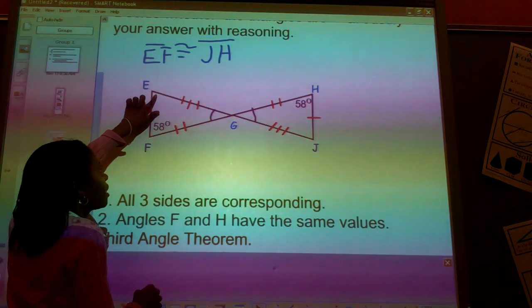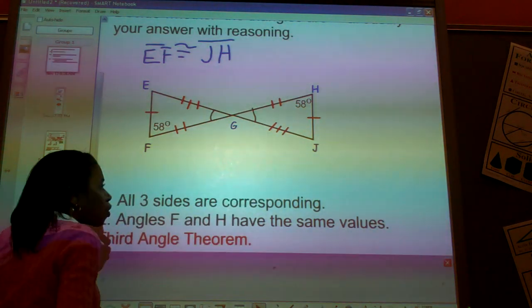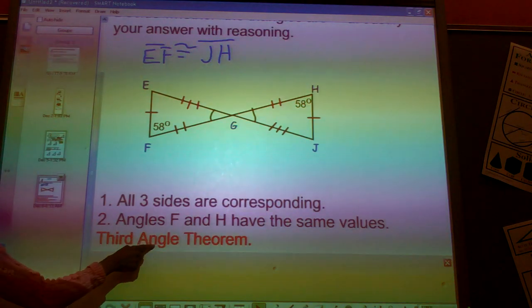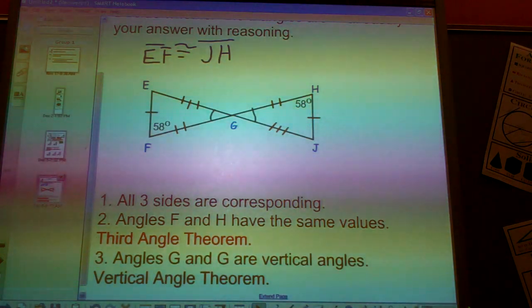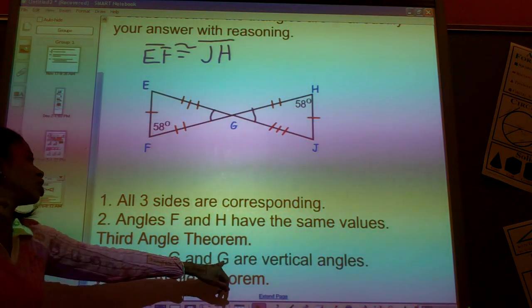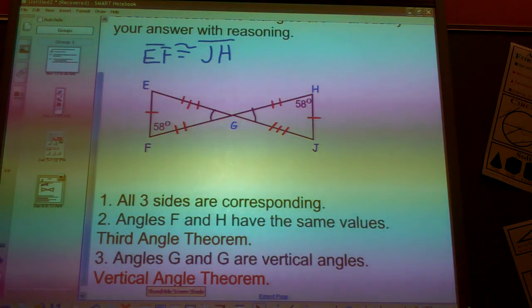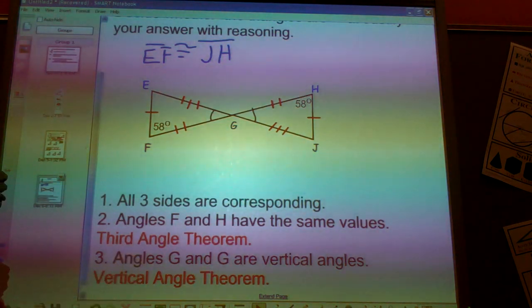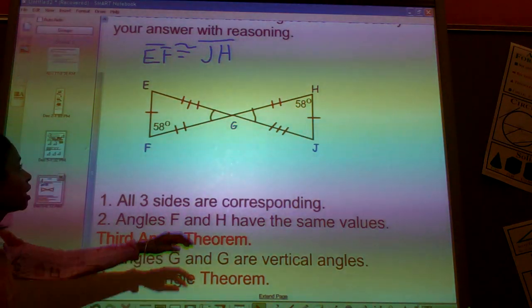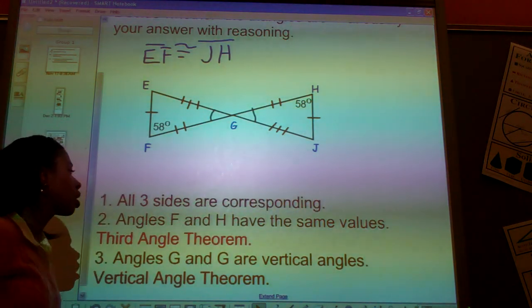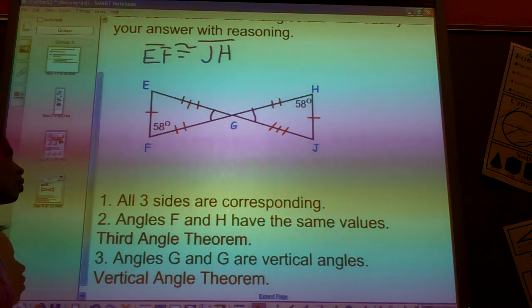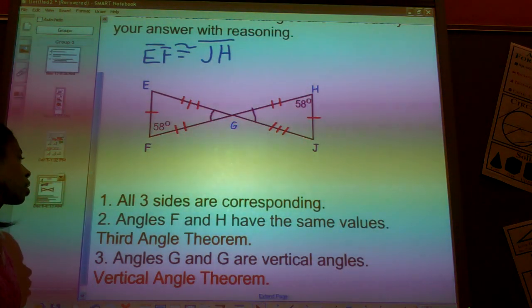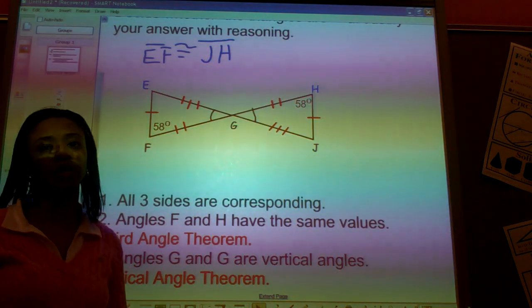And I know automatically that E and J will be congruent because of the third angle theorem. I already did G and G, just in the opposite order. Again, E and J are congruent by the third angle theorem. All right, and there's 4-2.